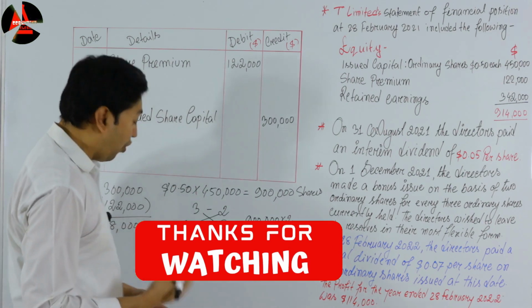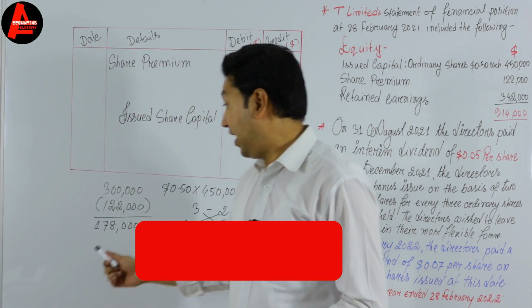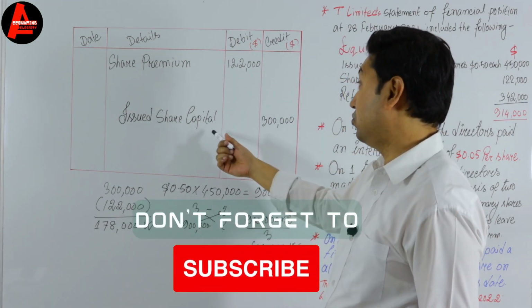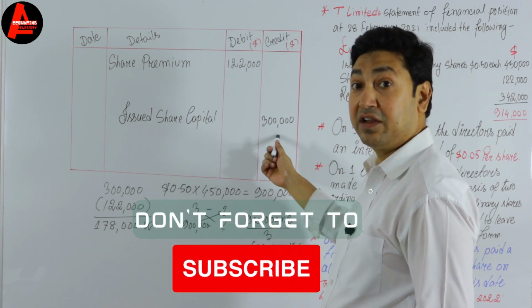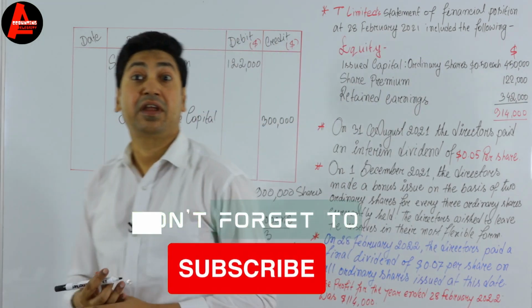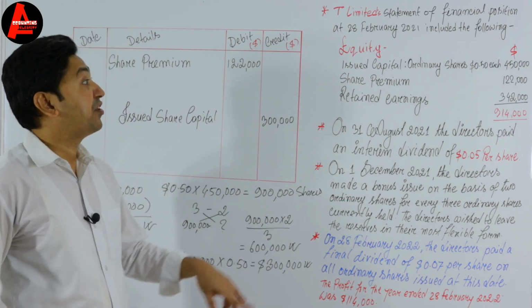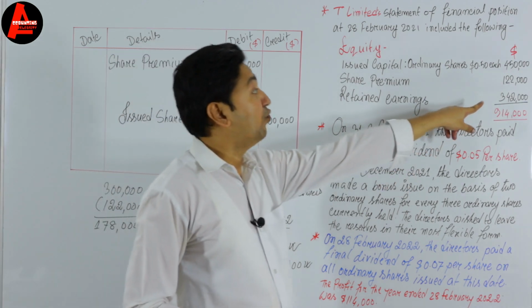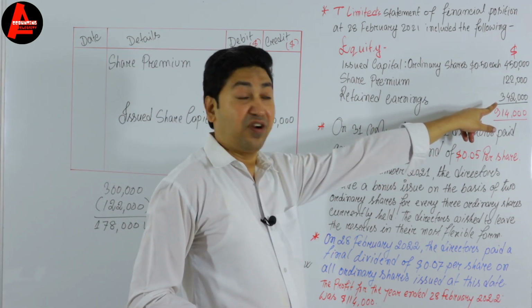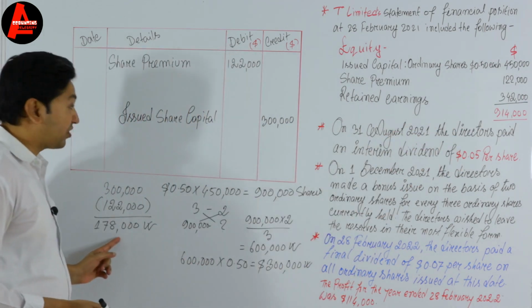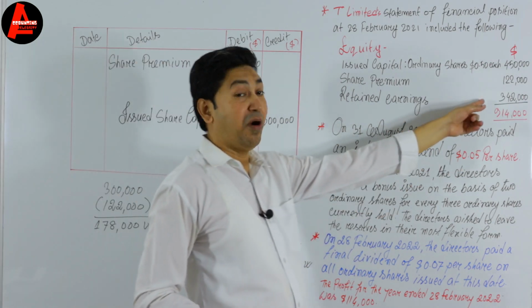So we need $178,000 more to cover the share capital of $300,000. We will take $178,000 from the retained earnings. We have sufficient funds in retained earnings, $342,000, so easily we can take this $178,000 from this amount, right?